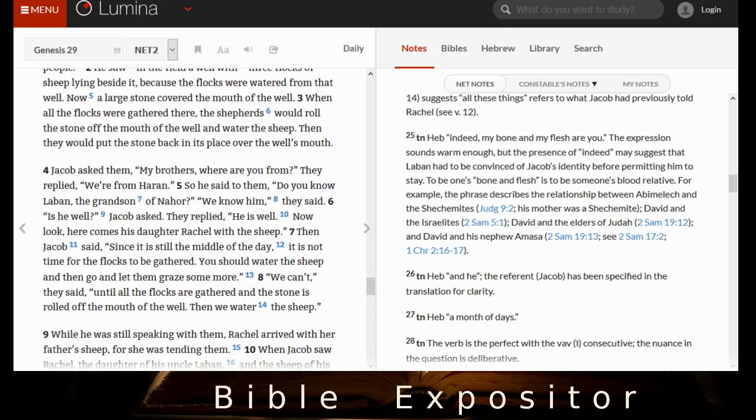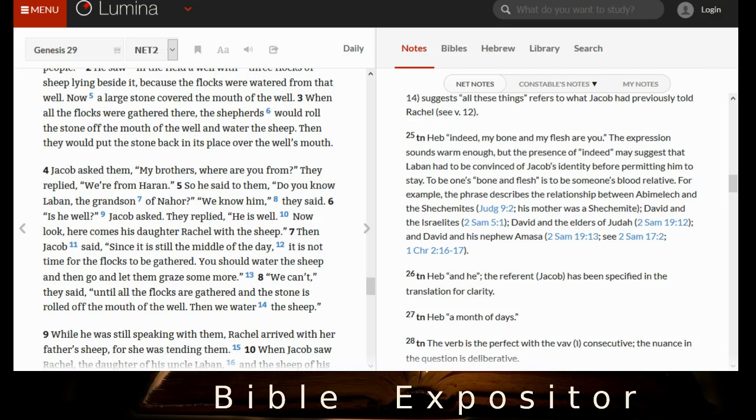So Jacob had spent a month in Laban's household. Then he was invited there, and he stuck around for a month, during which time he fell in love with Rachel. But she had an older sister named Leah, and the custom was for the older daughter to be married before the younger.